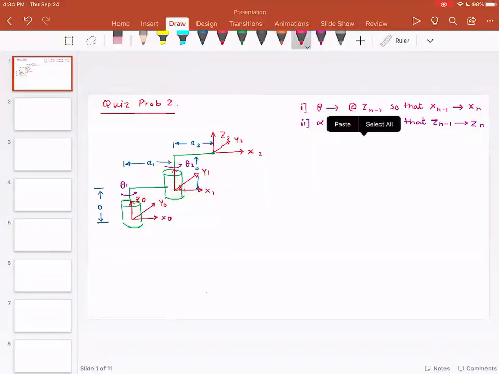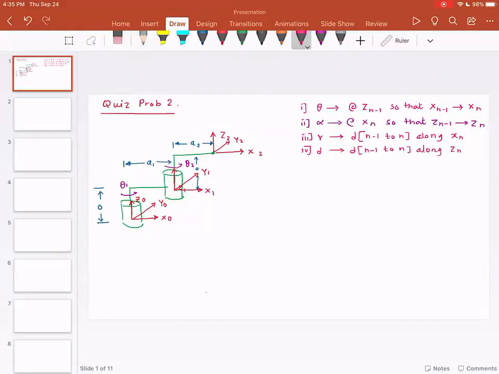The next rule is the value of R. R is the distance between the frame n minus 1 to n along Xn. And the fourth rule is D, the distance between n minus 1 to n along Zn minus 1.